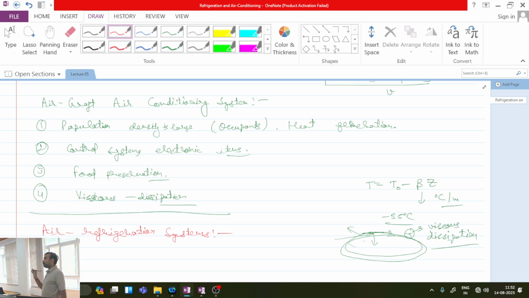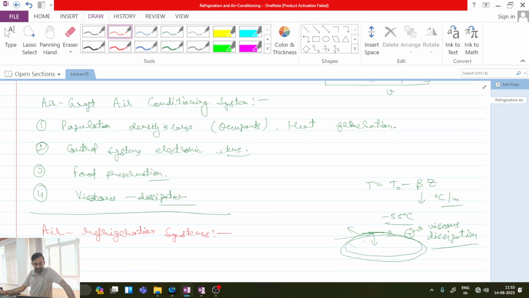And weight is an important parameter for aircraft refrigeration, because we need to decrease the weight. So we need not put a separate compressor. If we use an air refrigeration system, we can simply use the compressor of the aircraft engine.